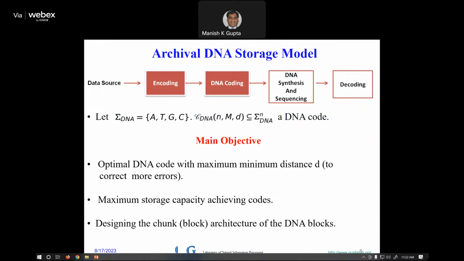So can we achieve that capacity in an efficient encoding scheme? And of course, another problem is designing the chunk architecture of the DNA blocks. As I mentioned, the chunk architecture is important. Header, how many bits are in the header, all those things are also very, very important.